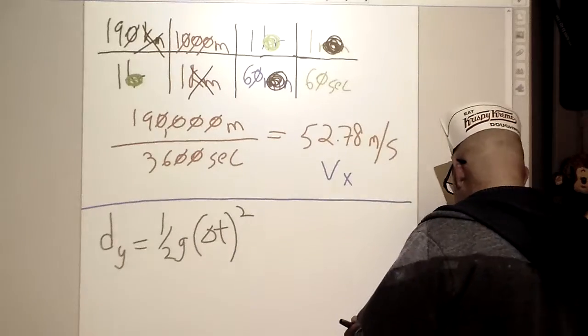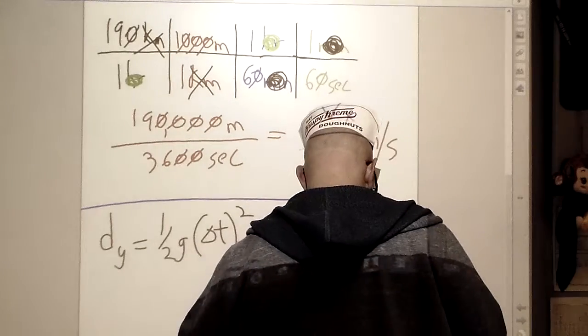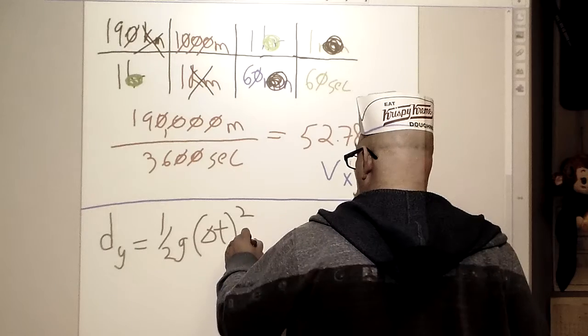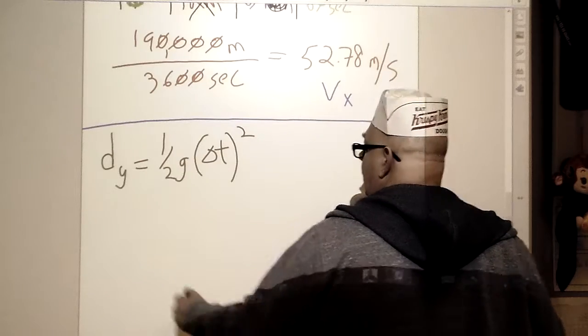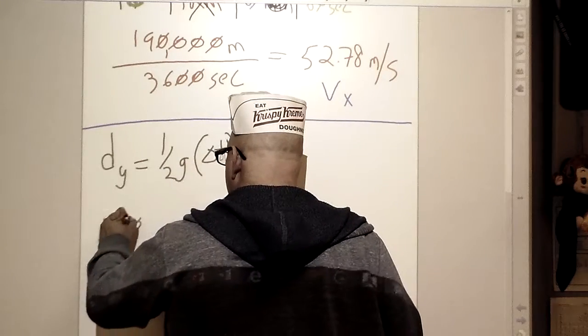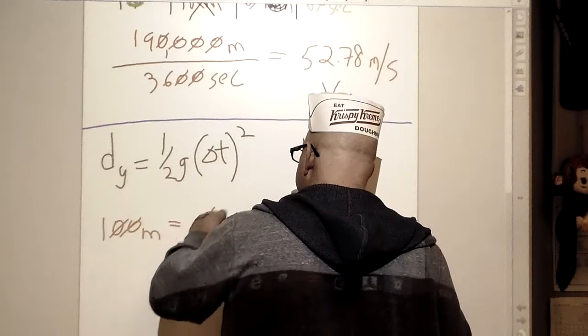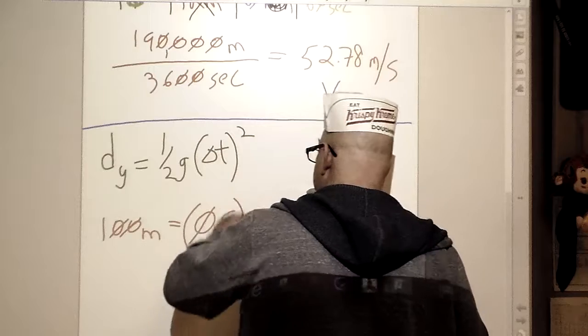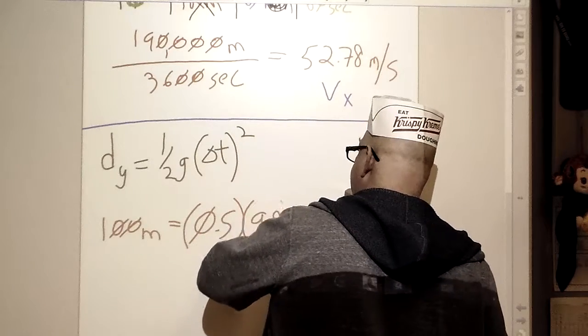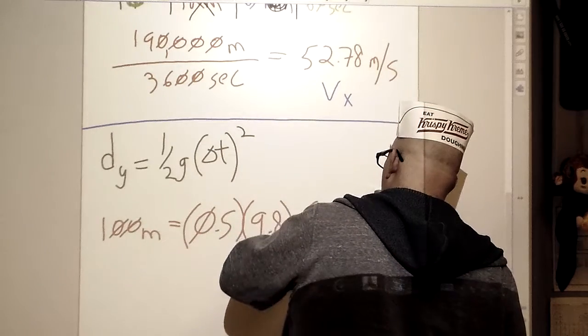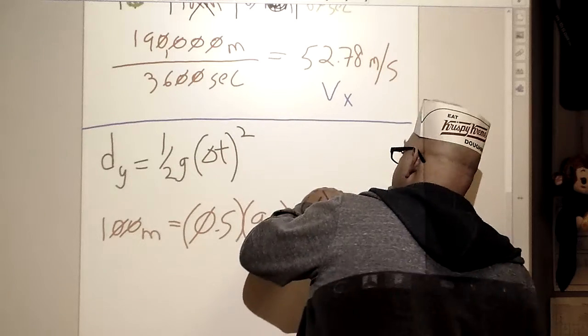All right, so let's go ahead and plug in some numbers. So I know that 100 meters, and that's our dy, we got that from up there, is equal to 0.5 times 9.8 times our delta t squared.